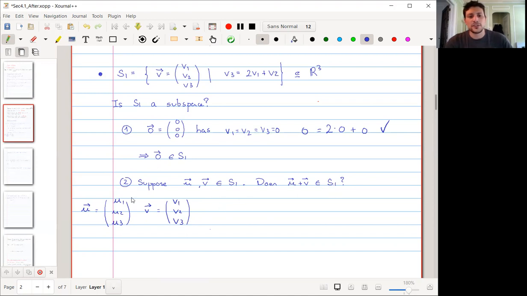We know that since u belongs to S1, we must have the relation u3 is equal to 2u1 plus u2. And since v belongs to S1, it must satisfy the relation v3 equals 2v1 plus v2.